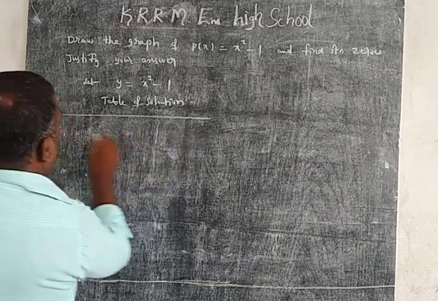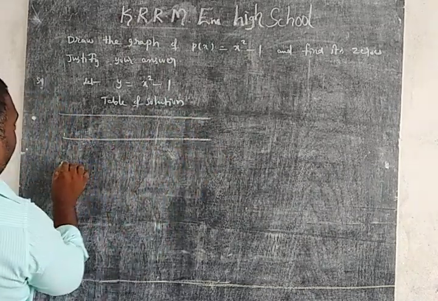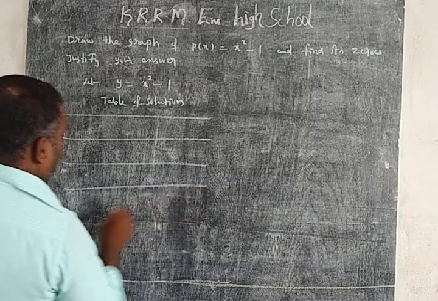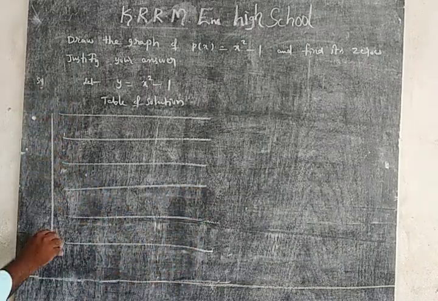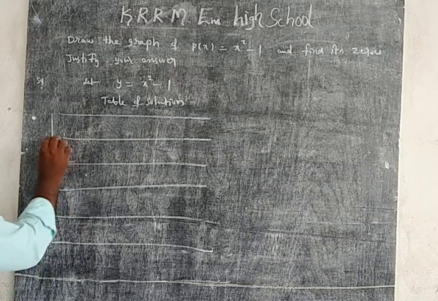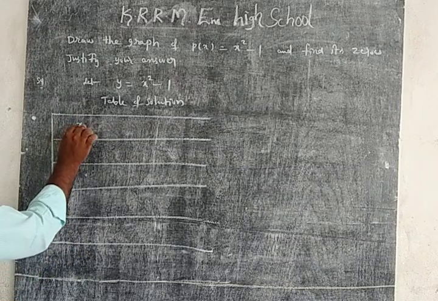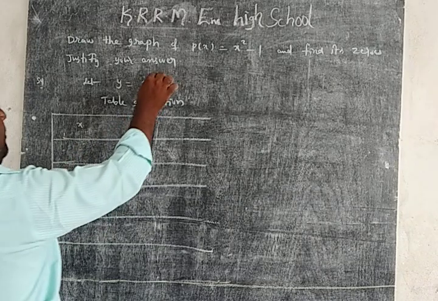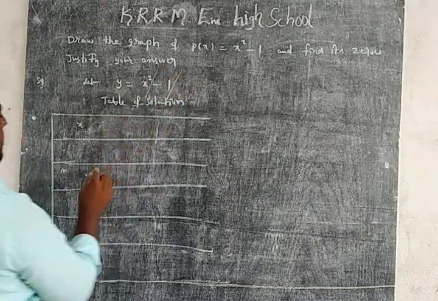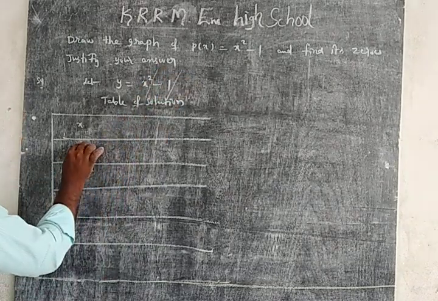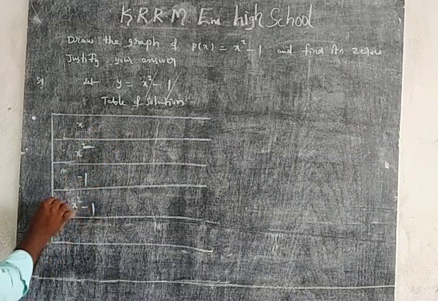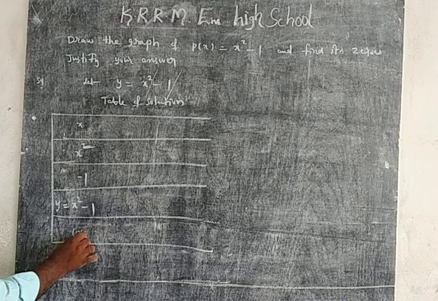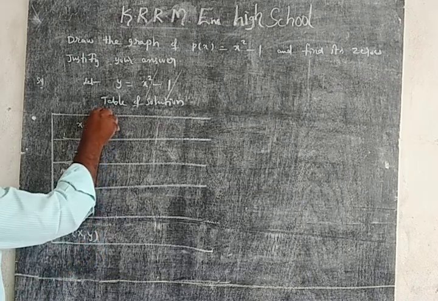We take independent values of x, then x square, then minus 1. X square minus 1 is taken as y, giving x comma y.